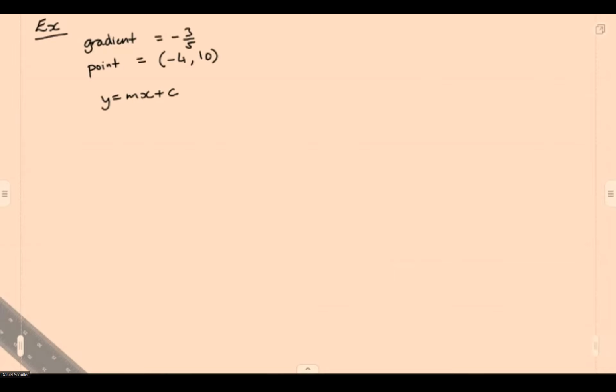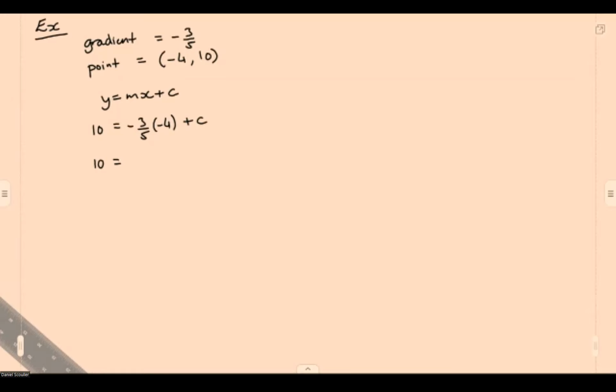So we're going to put in our numbers that we know. The y value is going to be 10. Gradient -3/5 times -4 plus c. You could make your life a wee bit easier at this stage and break this first initial bracket.